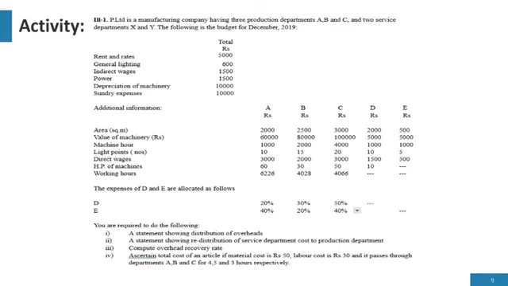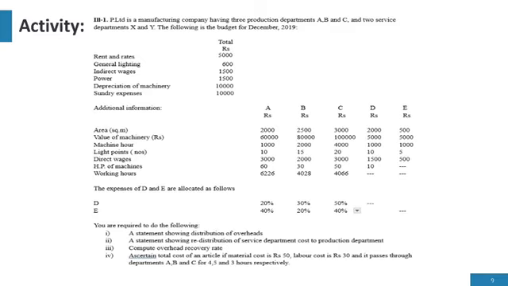Value of machinery 60,000 and 80,000 and 10,000 and 5,000 and 5,000. Machine hour 1,000, 2,000, 4,000, 1,000 and 1,000.